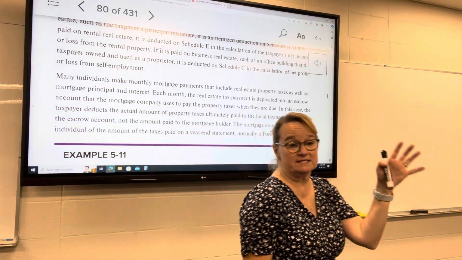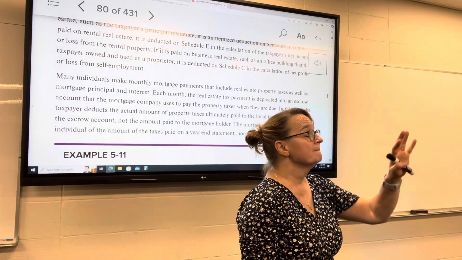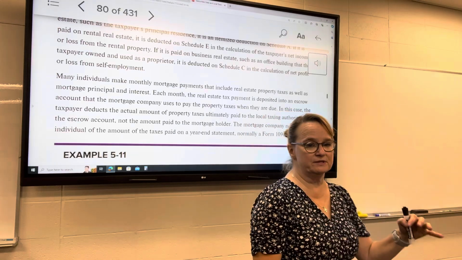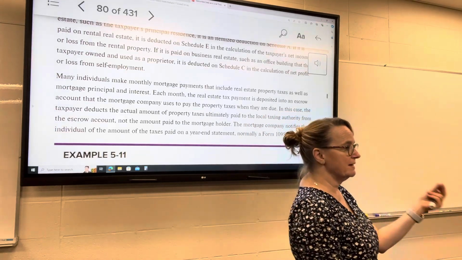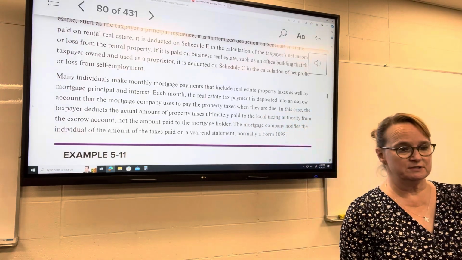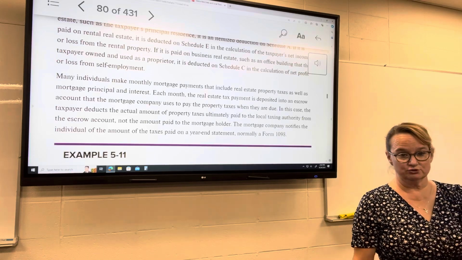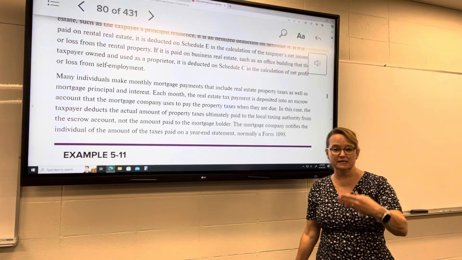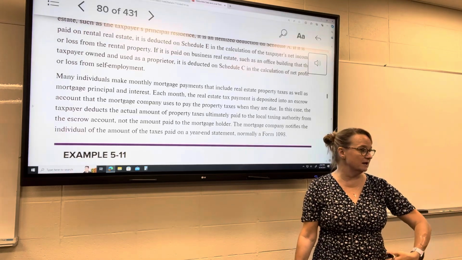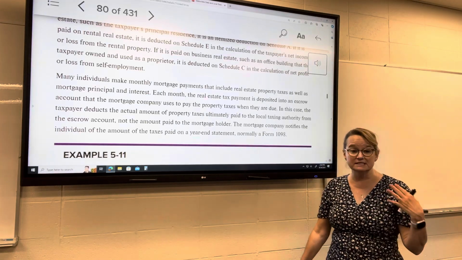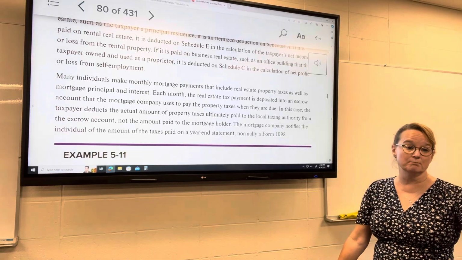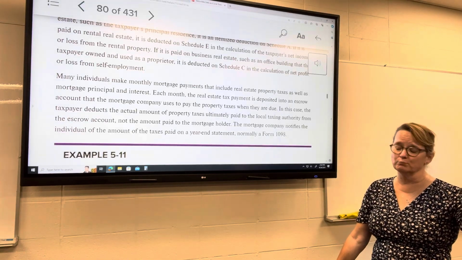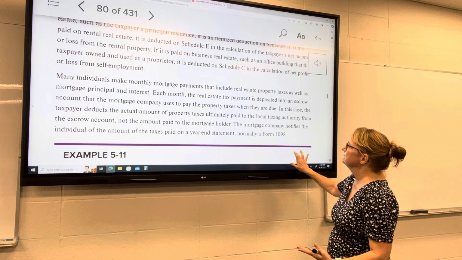Even though the property taxes themselves are due twice a year, they will collect it on a monthly basis, and then when it comes time to pay it, they'll make the payment to the county treasurer. The deduction is not the amount of monthly payment that goes into that escrow account. The deduction is the amount that the mortgage company actually pays.